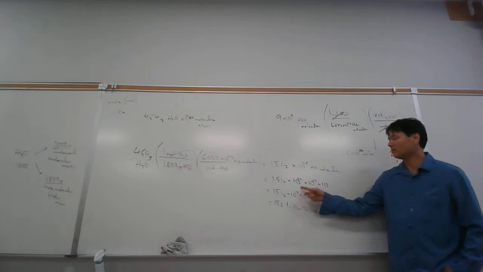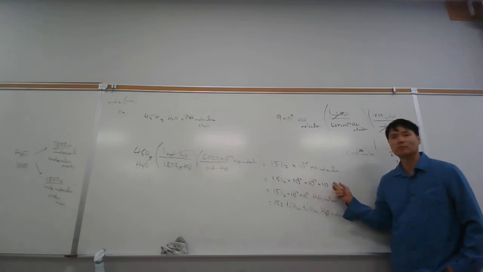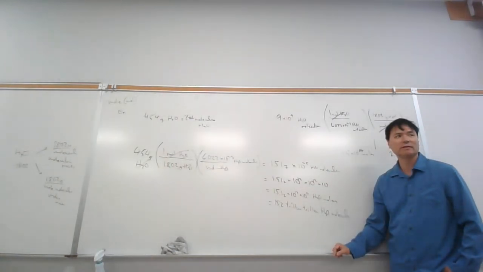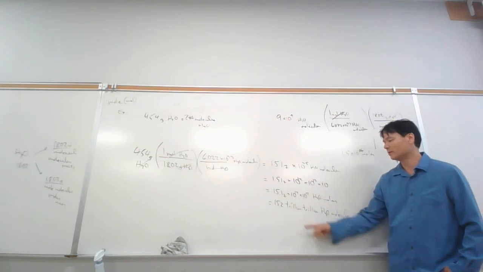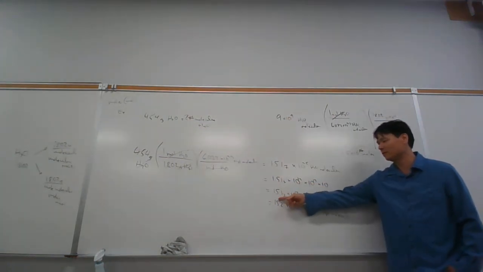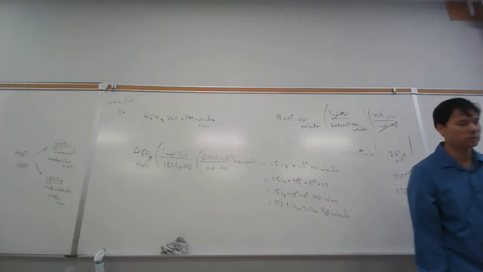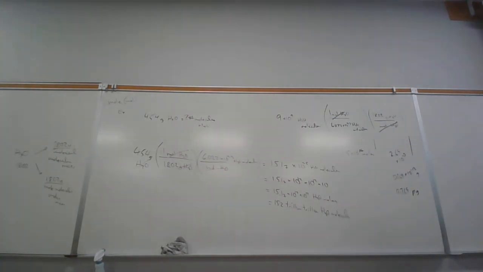So what I did was I converted 10 to the 25th into 10 to the 12 times 10 to the 12 times 10 to the 1st. That adds up, 12 plus 12 plus 1 gives us 25. And 10 to the 12th is a trillion, so we know that. That's a trillion, and then 10. So I moved the decimal over 1. The 15.2 trillion trillion.